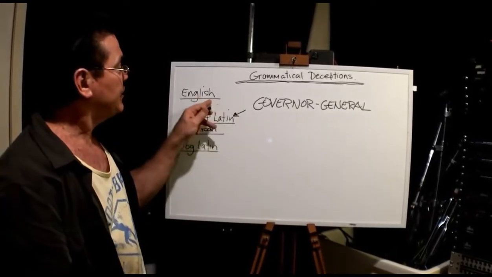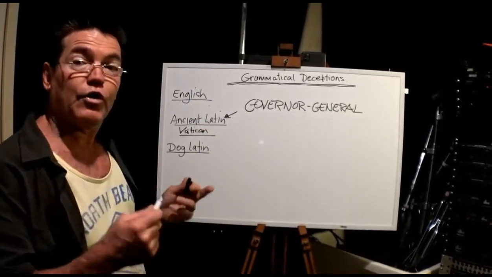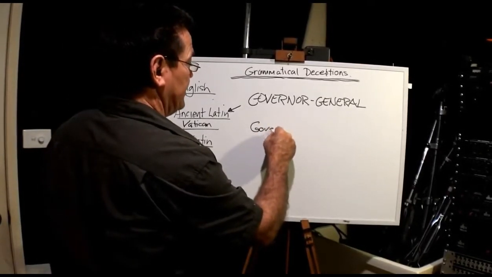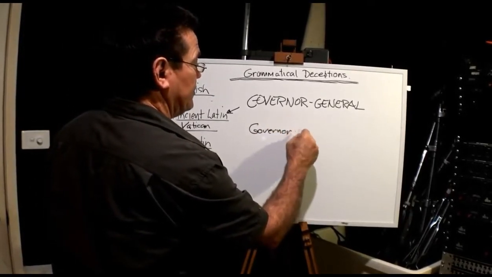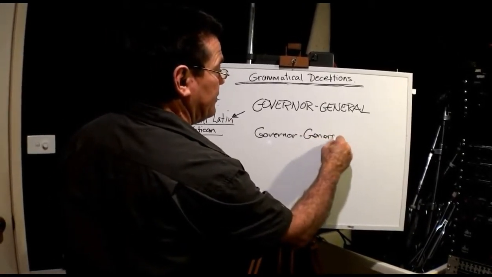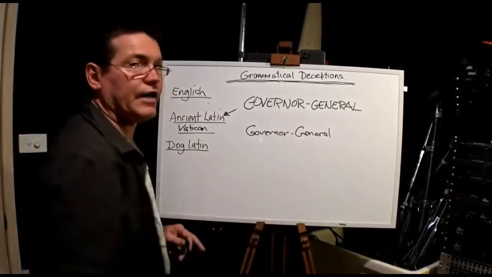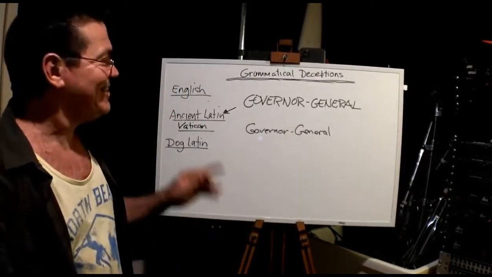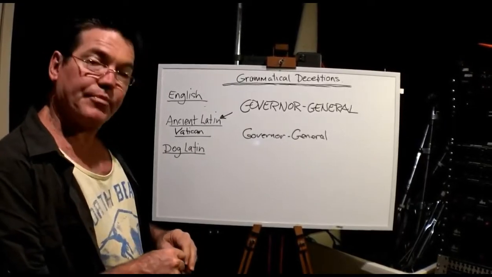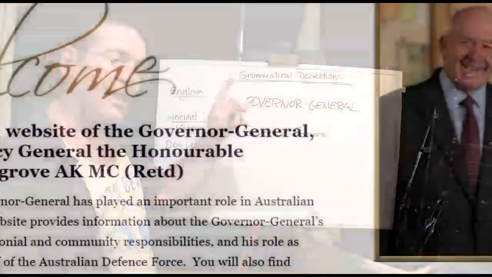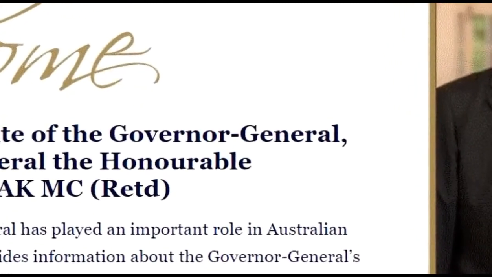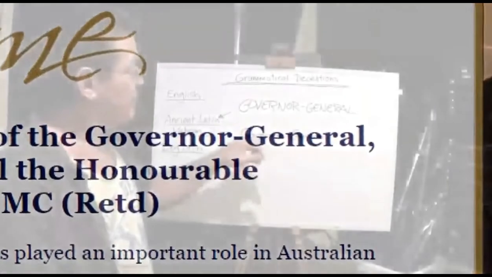But when they write it in the common English, the correct language, they hyphenate the English. A very clever trick that these usurping foreign corporations, these foreign corporate banks, are doing to the people of Australia.